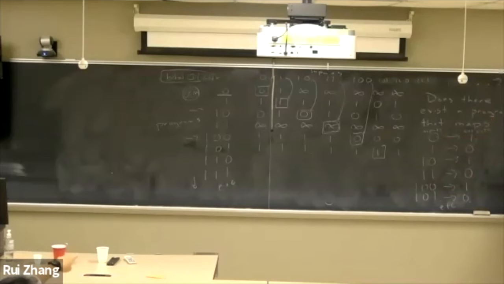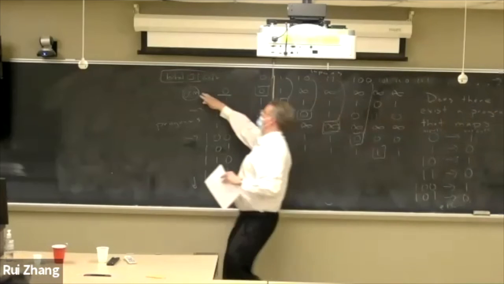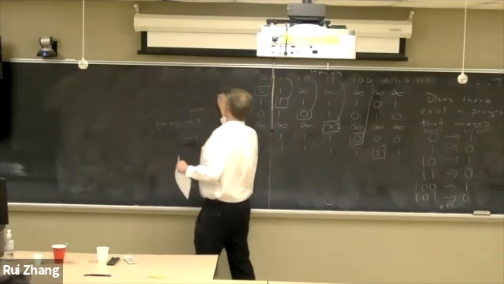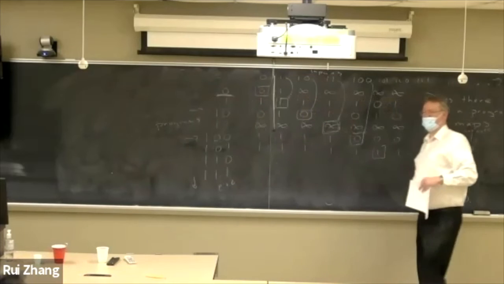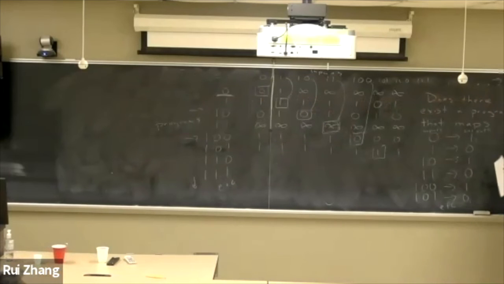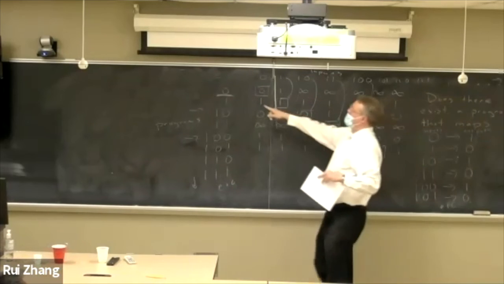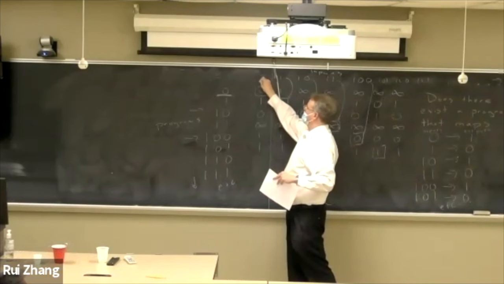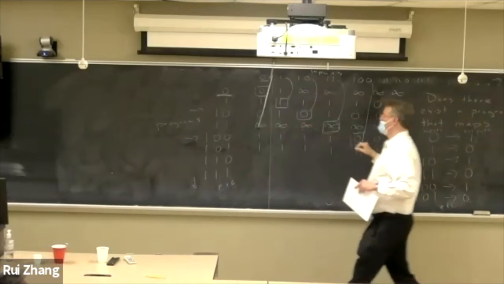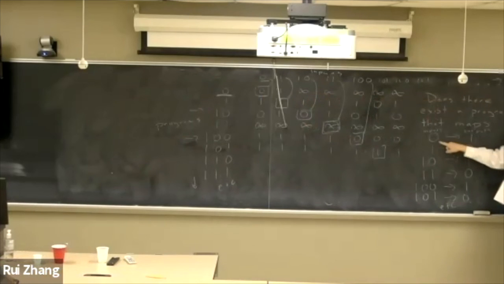The UTM? No, just to erase this for a second. So this program, with that code, according to what you wrote there. Yeah, because what's the issue? This program here on that particular input gives a 0. And this function we're trying to compute wants the output on input 0 to be different.